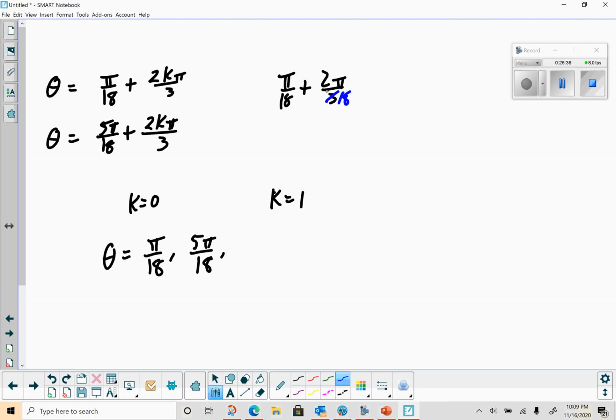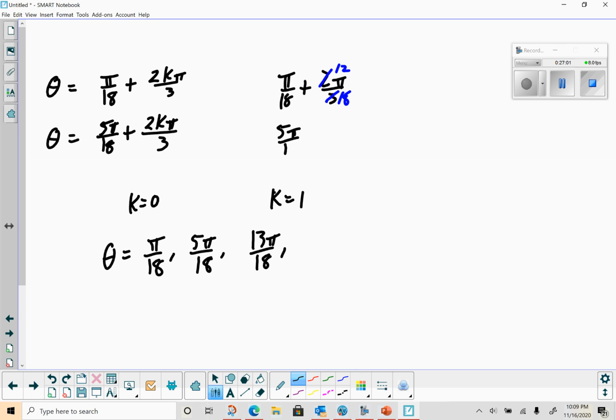So that'll be 18. Of course, that means multiplying top and bottom here by 6. So that turns that into 12 pi over 18. 1 pi over 18 plus 12 pi over 18 will give me 13 pi over 18. Well, 13 pi over 18 is less than 2 pi. So I definitely need to keep going here.